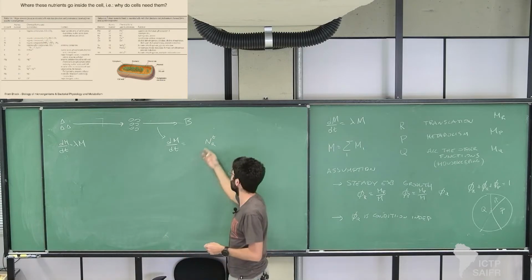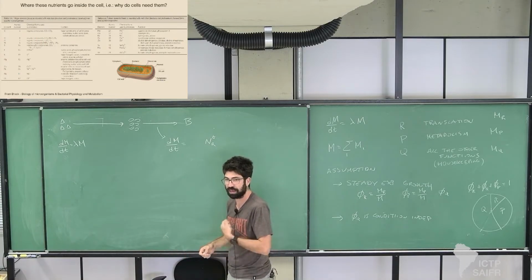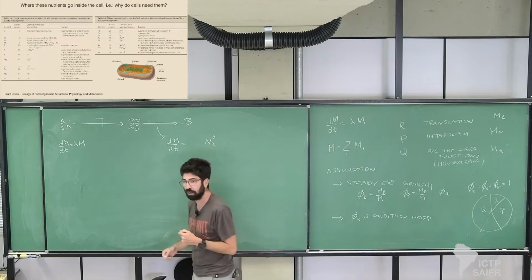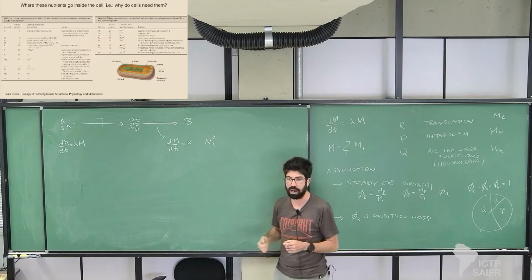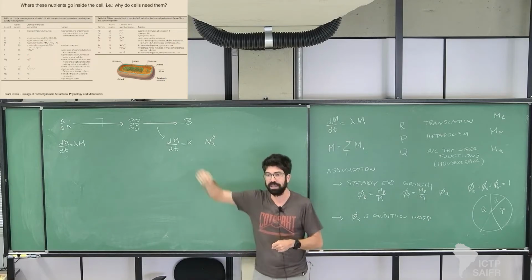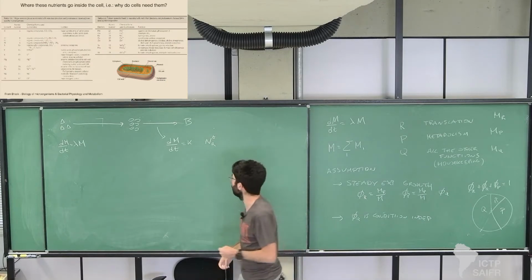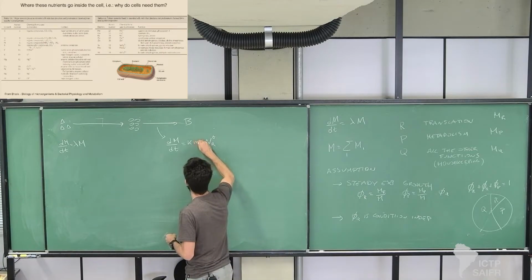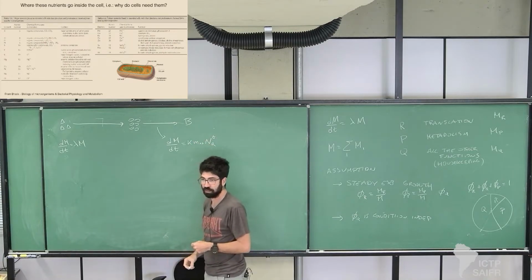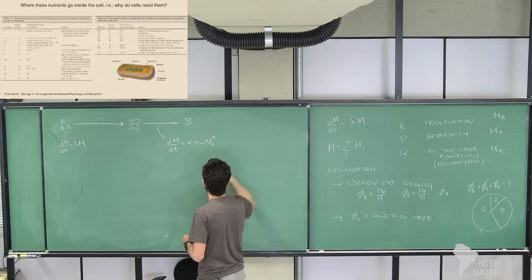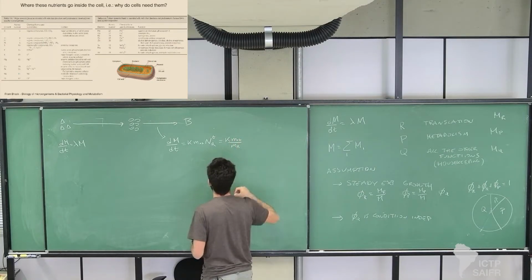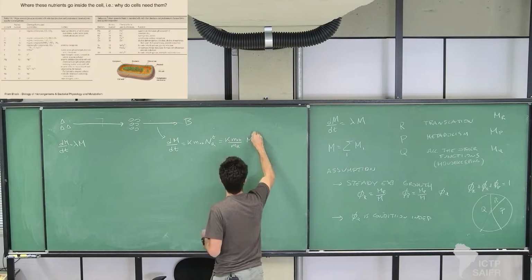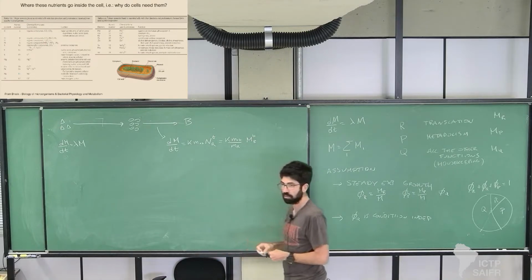Okay, so these are the active ribosomes, the ribosomes that are actively translating, times what is called the elongation rate, so how many amino acids they spit out per time, times the mass of an amino acid, which I can write as K MAA over the mass of ribosomes times the mass of translating ribosomes.